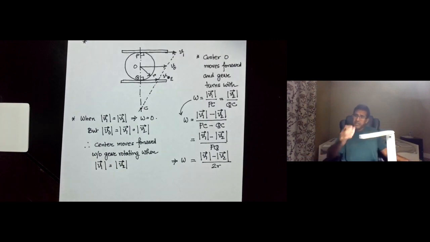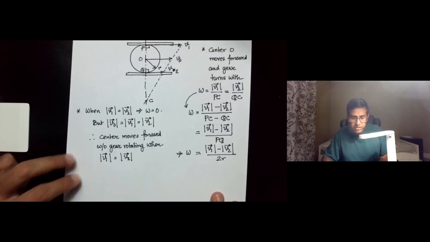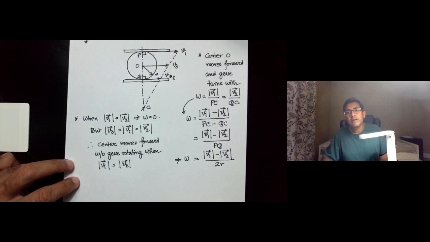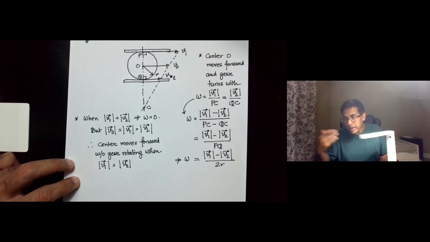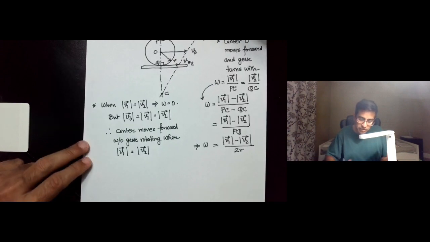And that is kind of intuitive here. If the two bars are being moved together at the same speed, then the gear will not rotate, it will move with the bar because the gear is meshed with the two bars. So this is one case where we can look at the different types of motions that happen when the two bounding bars are given different velocities.